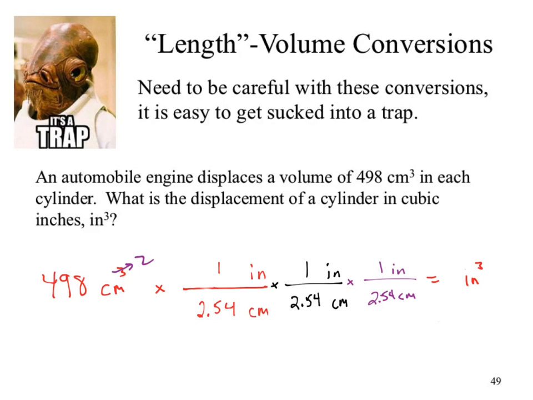That becomes 2, that becomes 1, and that becomes 0. What is centimeters to the 0 power? 1. And the unit disappears. What is an inch times an inch? Inch squared. Inch squared times an inch, inch cubed. Make sense?